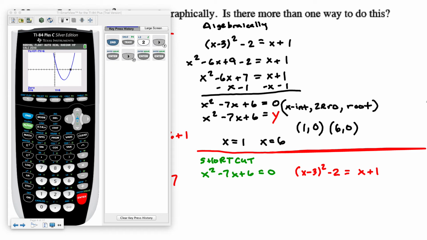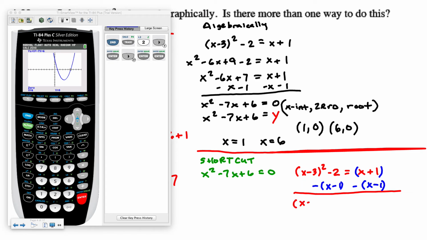If I take this entire thing and move it over to the left side of my equation, it'll be a lot faster and allow me to graph it. So let's see what we have.